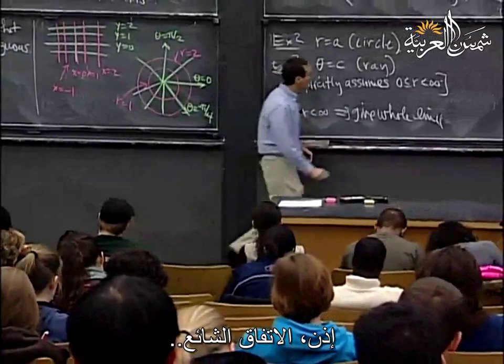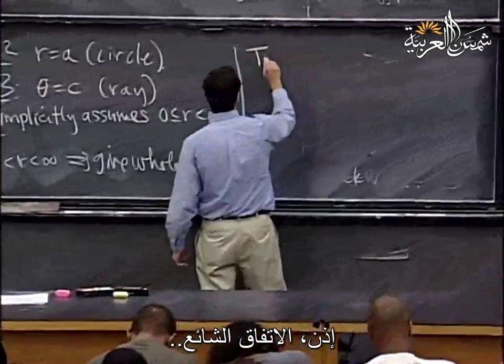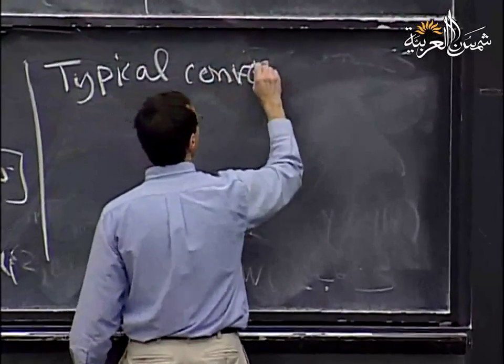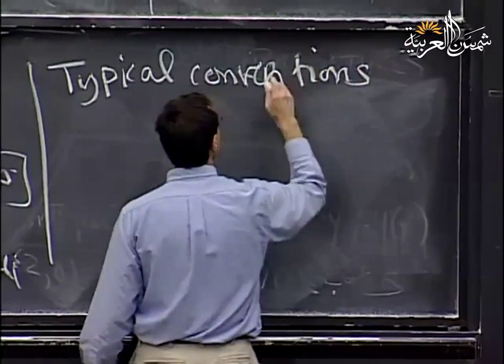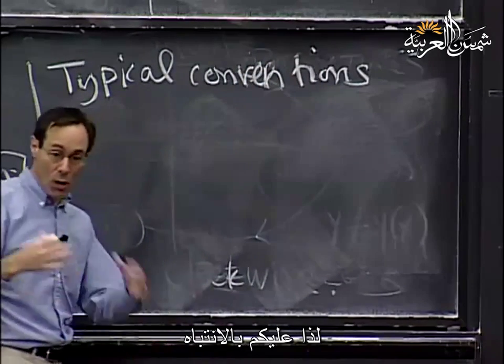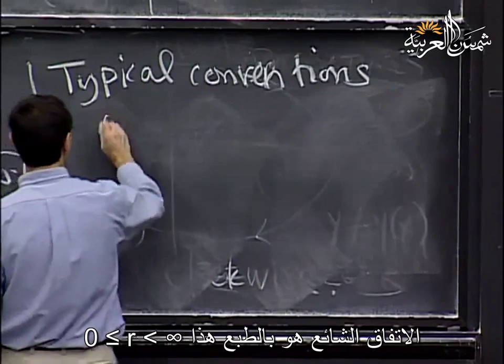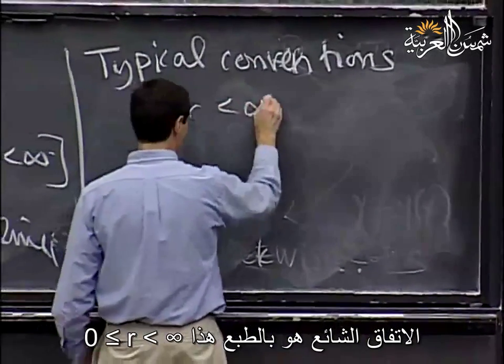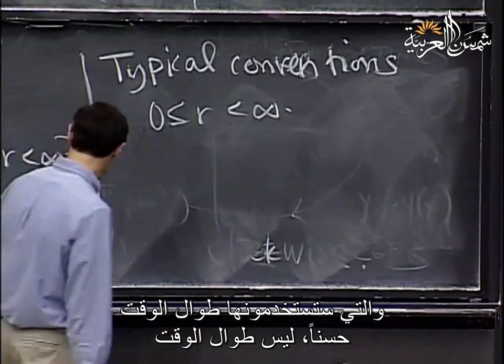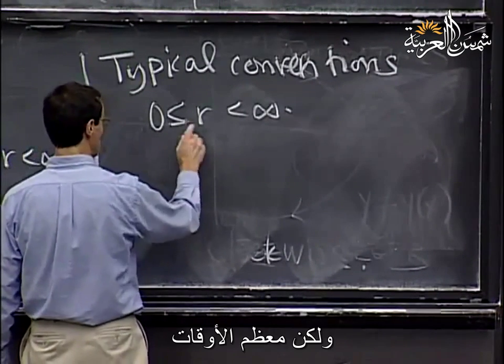So here are the typical conventions. And you will see people assume this without even telling you, so you need to watch out for it. The typical conventions are certainly this one, which is a nice thing to do most of the time, although not all the time.